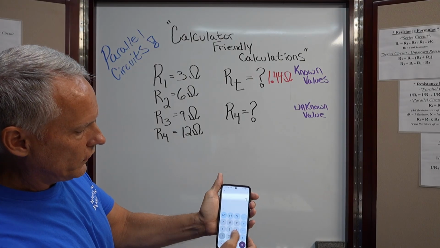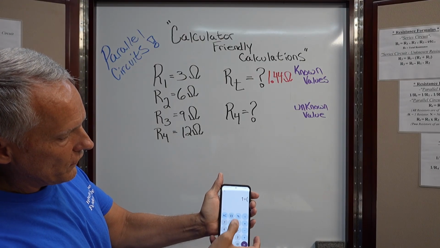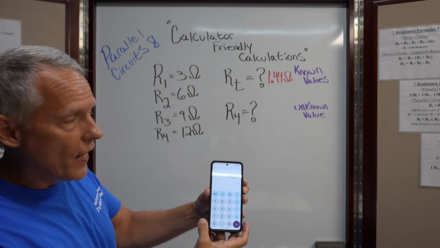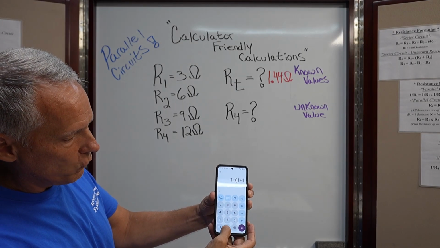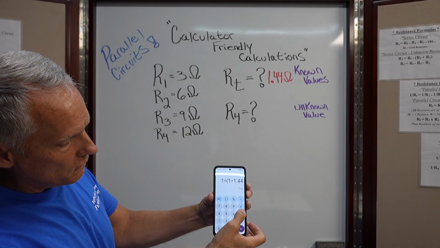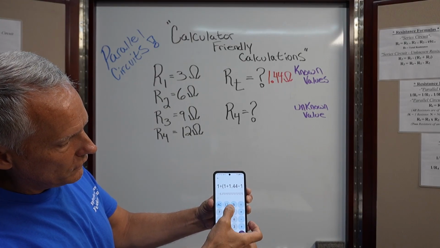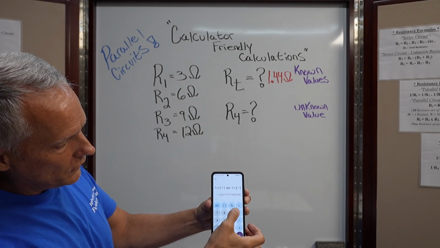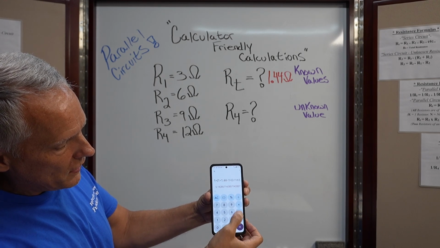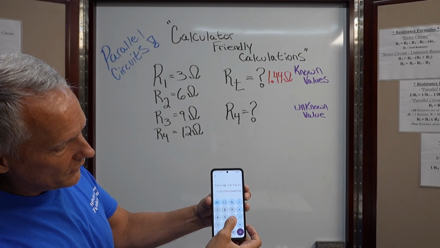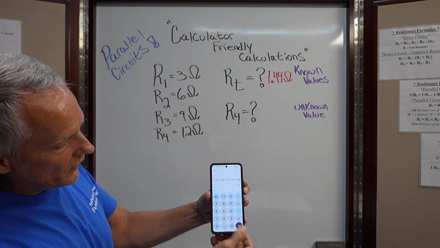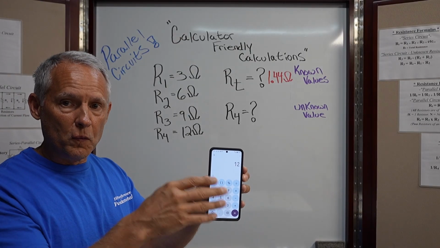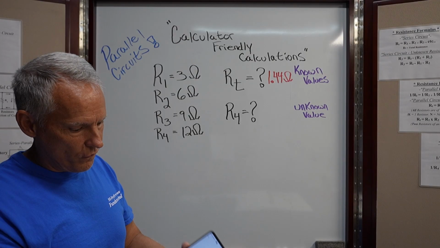Just going to take our little handy-dandy calculator-friendly equation here, and we'll do the same thing. Start over. 1 divided by, parentheses, 1 divided by, I hope you can see that, the total resistance, which we determined was 1.44, minus 1 divided by 3, minus 1 divided by 6, minus 1 divided by 9, parentheses, and we find that the resistance for resistor number 4, or load number 4, is 12 ohms.